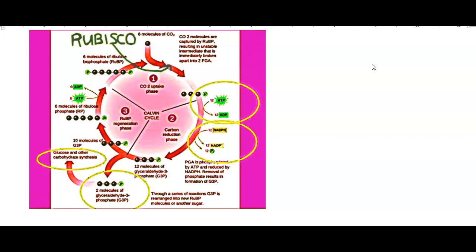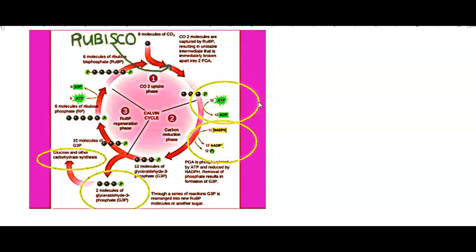Carbon dioxide molecules are going to be fixed to the RuBP through Rubisco. When they get together, it's going to form an unstable intermediate that immediately breaks apart into 2 PGAs. So again, this is a result of going around twice. 3 carbons and a phosphate.